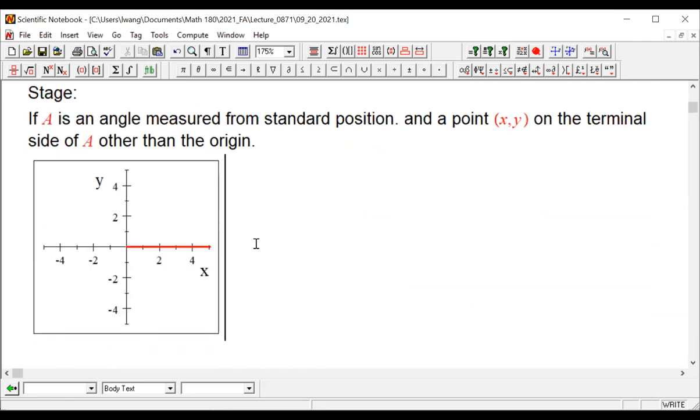So you measure your angle from the standard position. You could measure any way you want. And you have a terminal side. The terminal side could be anywhere. And you pick a point on the terminal side, any point other than the origin. And what are the possibilities? Tell me, what are the possibilities?